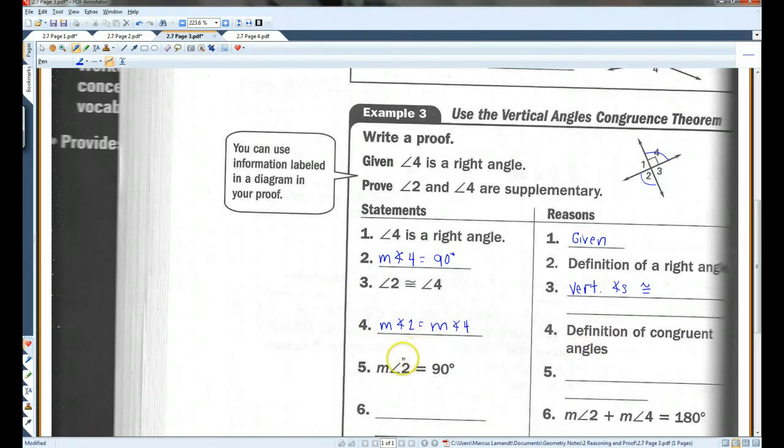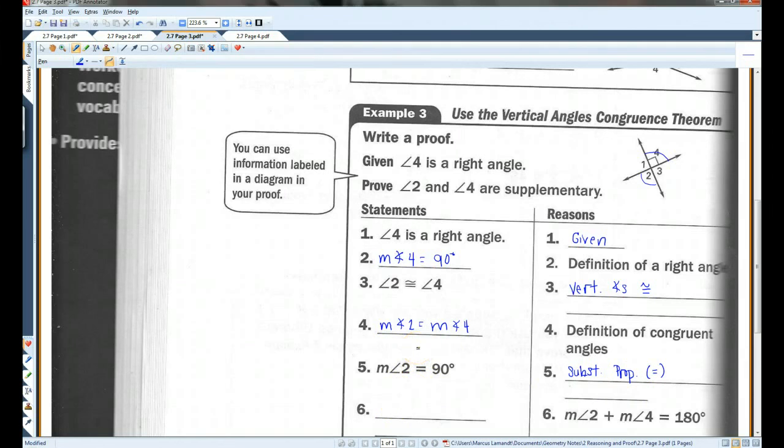If angle 4 is 90 degrees, and angle 2 and angle 4 are equal, then angle 2 also has to be 90 degrees. That's substitution property. You could also put transitive property if you wanted. Either one is fine.